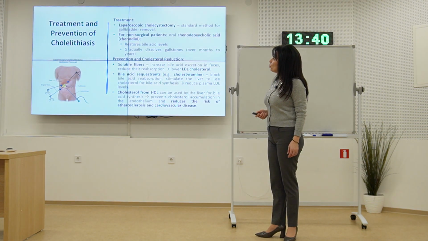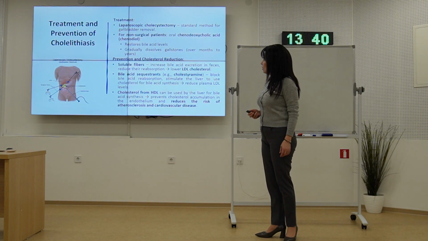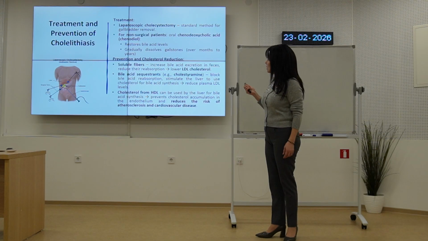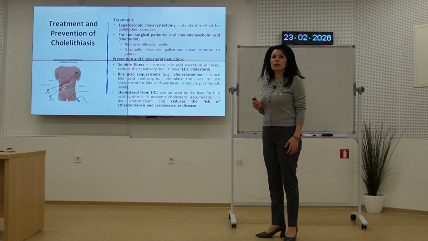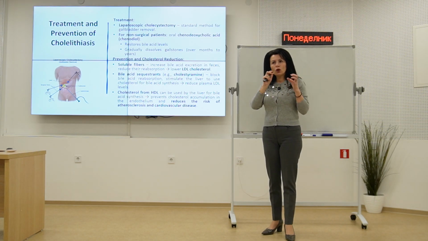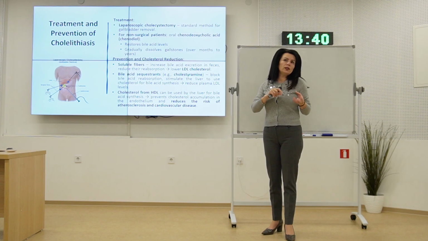And there are different treatments and prevention. One of them for non-surgical patients is oral chenodeoxycholic acid. Oral. Why? To increase the content of bile acid in the gallbladder, to start the dissolution of cholesterol.